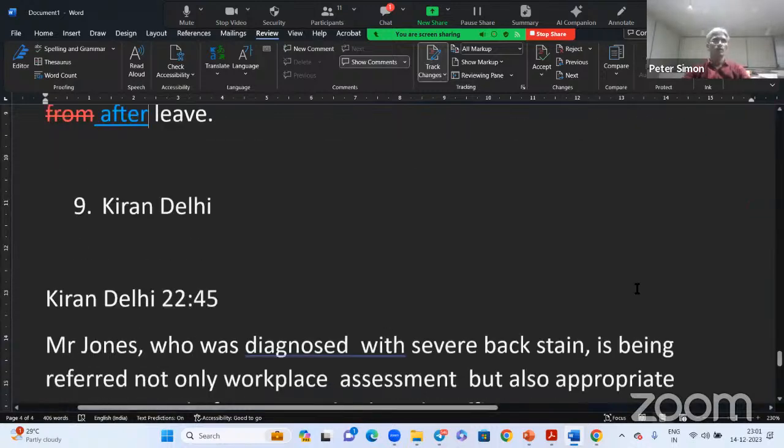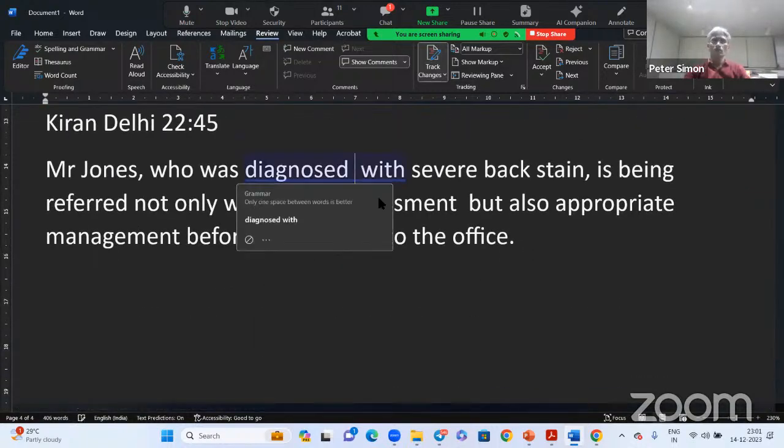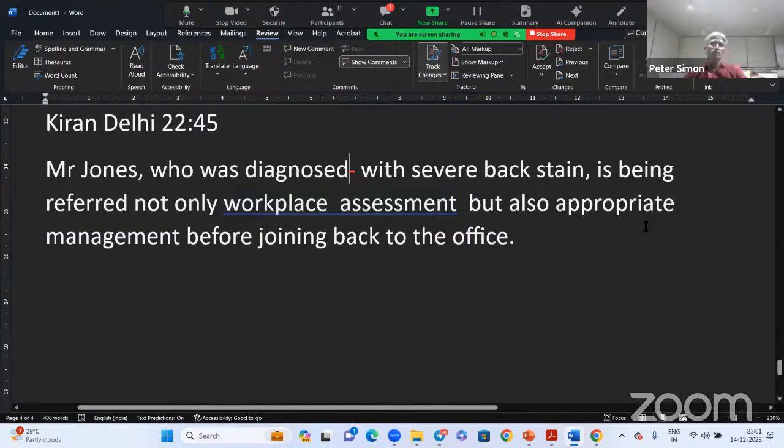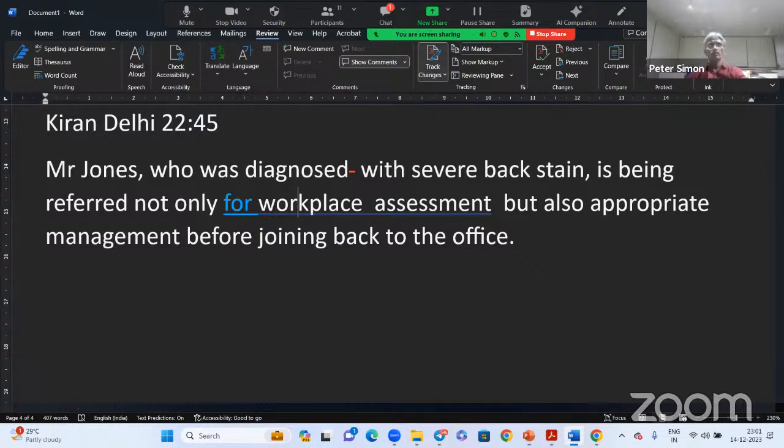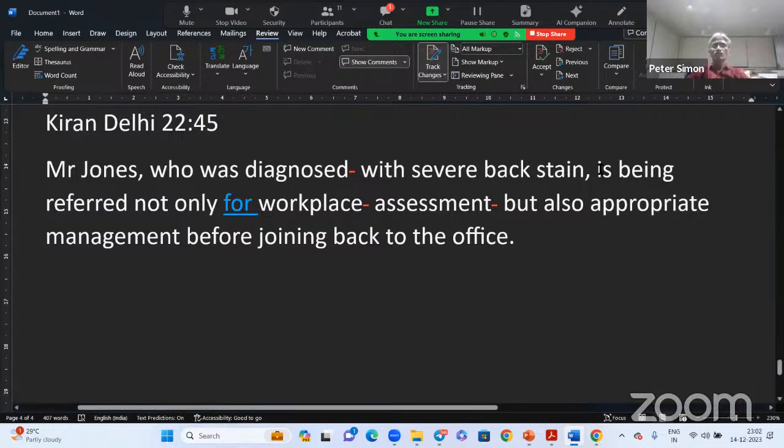Right. Kiran Delhi. Mr. Jones, who was diagnosed with severe back strain, is being referred not only for workplace assessment, but also appropriate management. We don't know whether it is referral letter or discharge letter. Nothing is given there. So don't take risk.